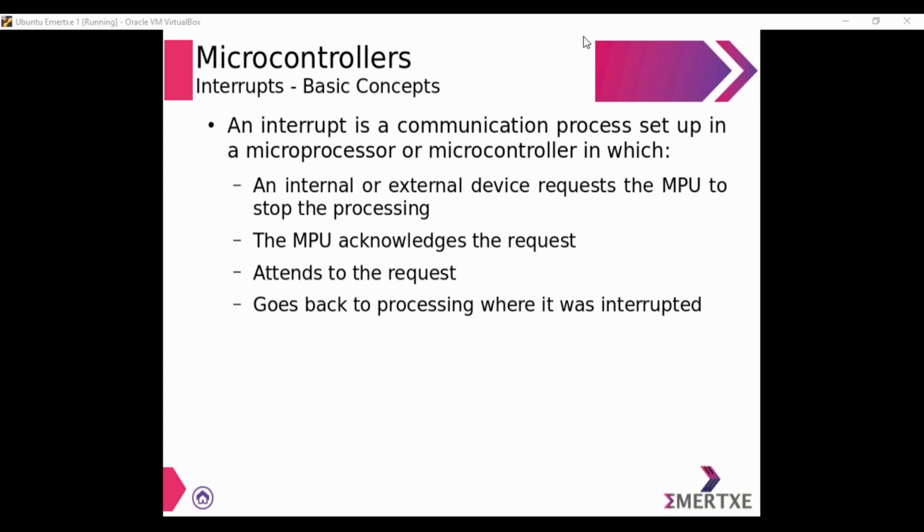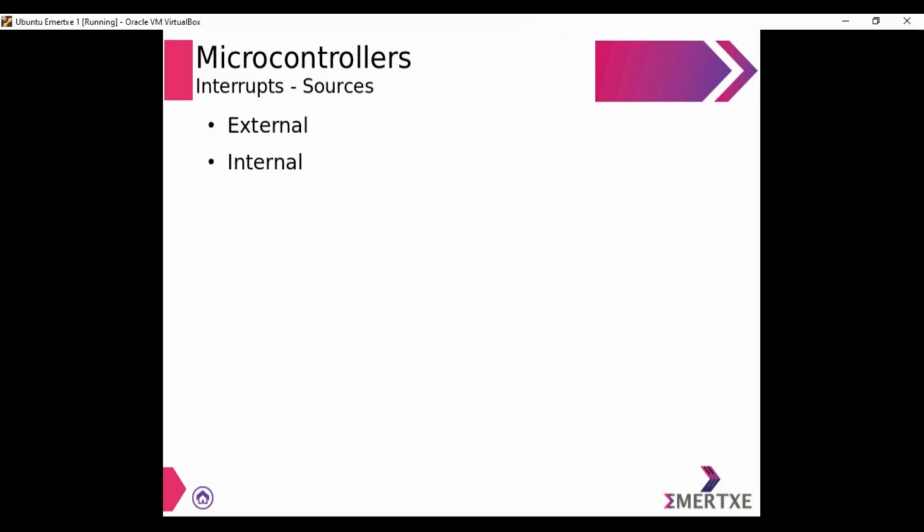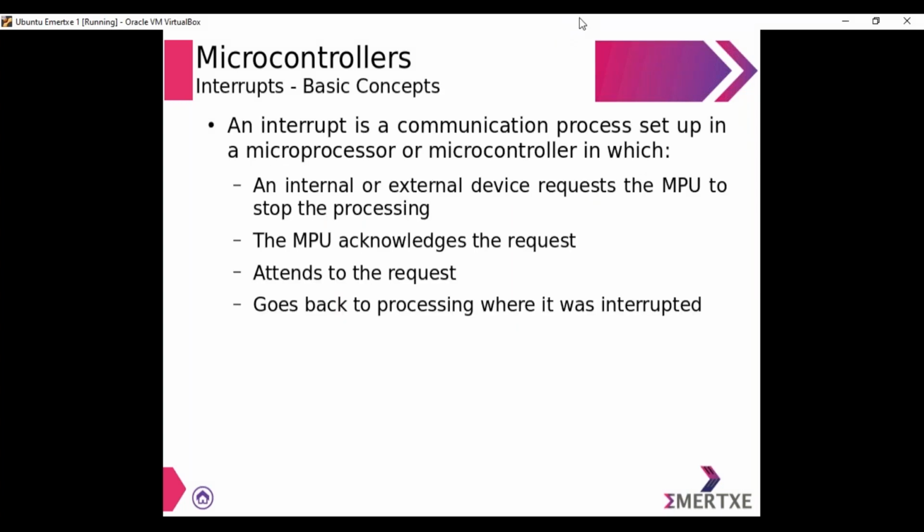Now, if I have to show you the sources of interrupt, as I said, an interrupt can be either internal or external. So interrupts can be from the internal devices or the external devices.